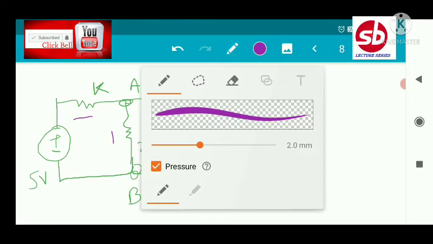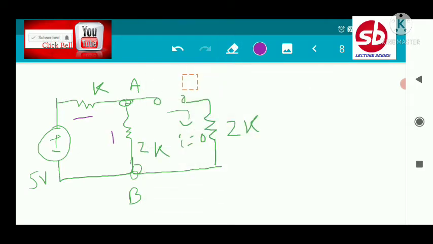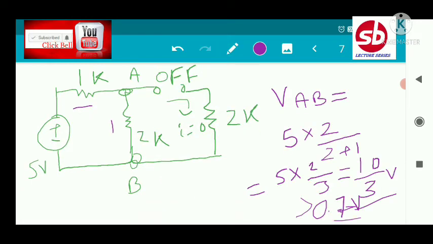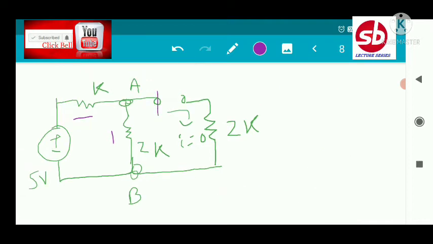Previously we assumed the diode is off, now we assume the diode is on. From this calculation we have seen that the diode is on, so our assumption that the diode is off is incorrect here. The diode is practically on, and the cut-in voltage of this diode is 0.7 volt. You can replace the diode with a 0.7 volt supply.